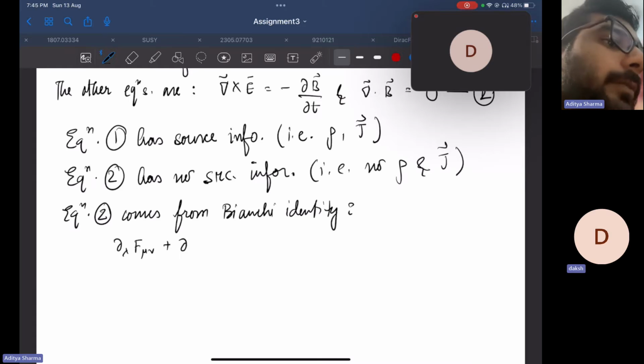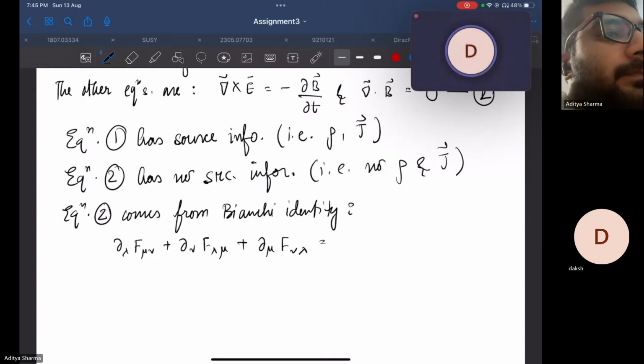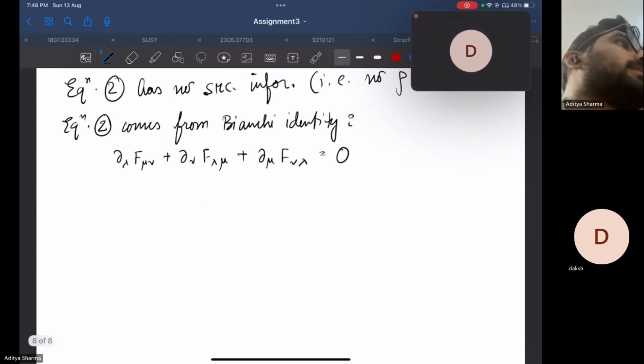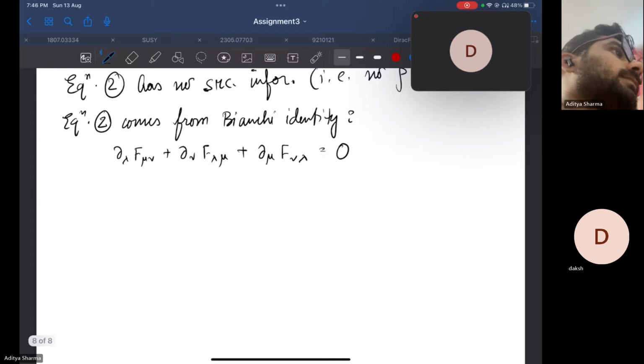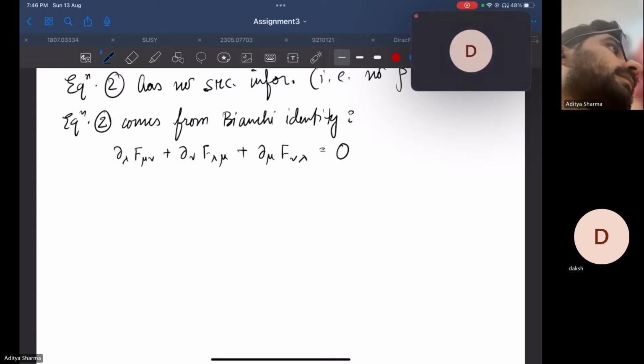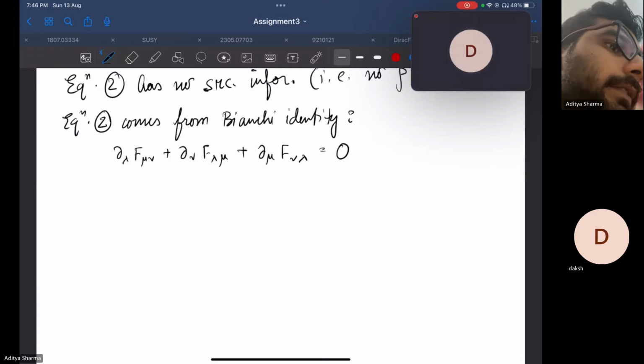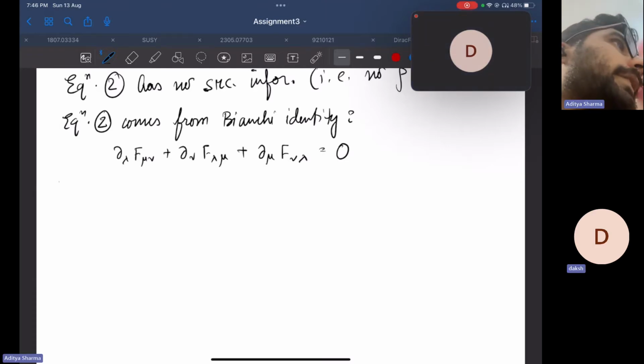You do the cyclic permutation of this, okay? Now this is a very tedious job.